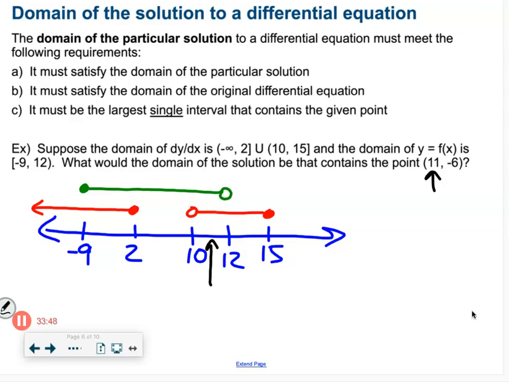Falls in here. My domain is the largest single interval that satisfies both domains. So it's got to have dots from both domains above it, right? Satisfies both domains and contains the point. So my final domain would be open interval 10 to 12.